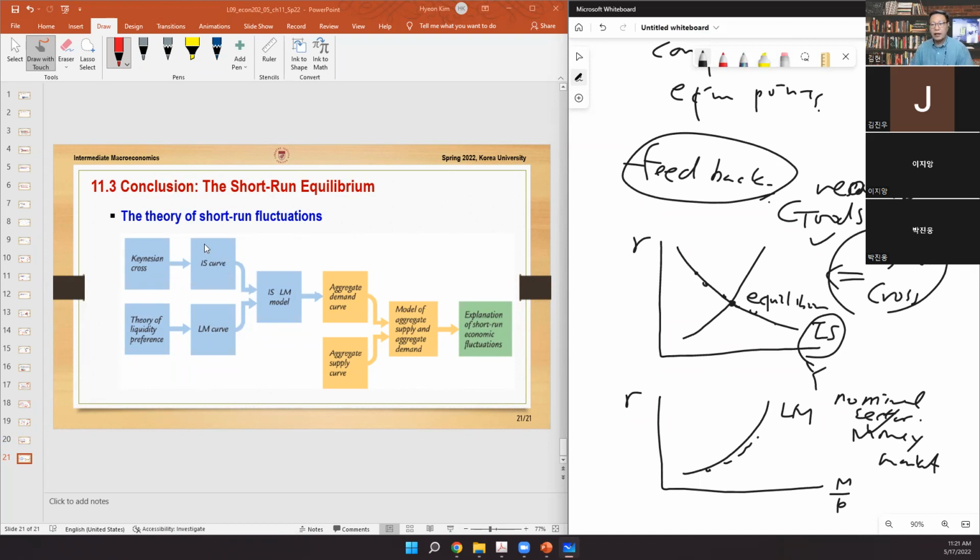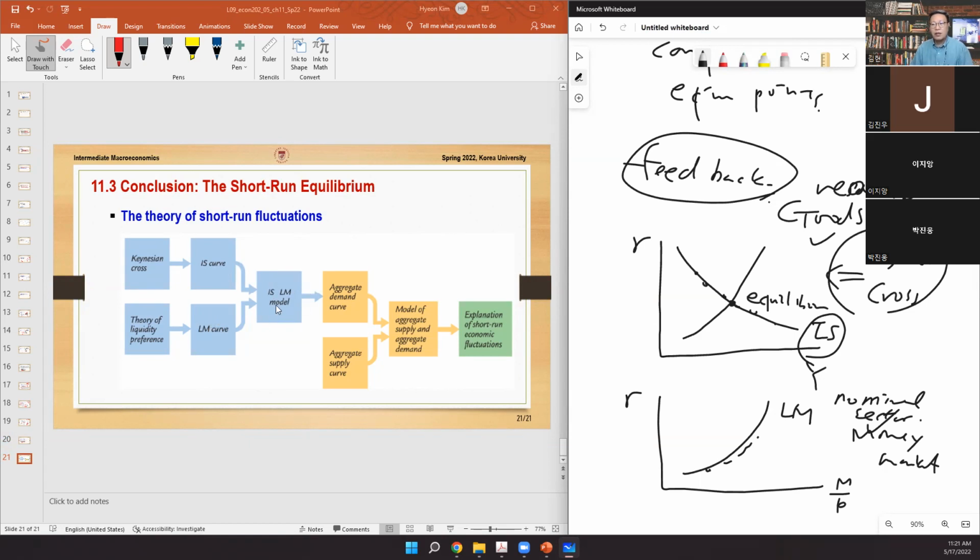The LM is also the theory of liquidity preference, but we would like to ignore the relationship of the Fisher equation, that means nominal interest rate, real interest rate, and expected inflation. We'll make an additional technical assumption: nominal and real interest rate will be the same. After that, we can combine them into the IS-LM model.